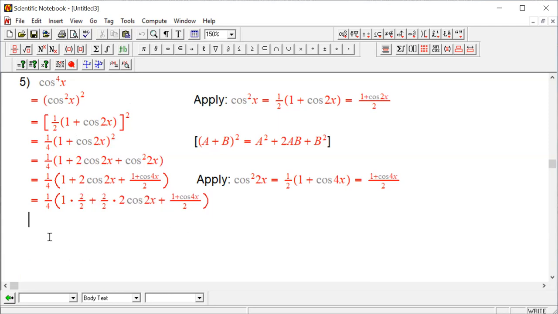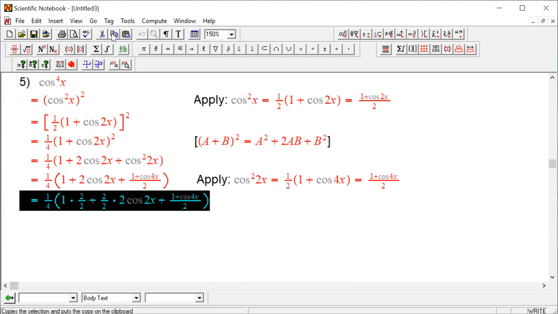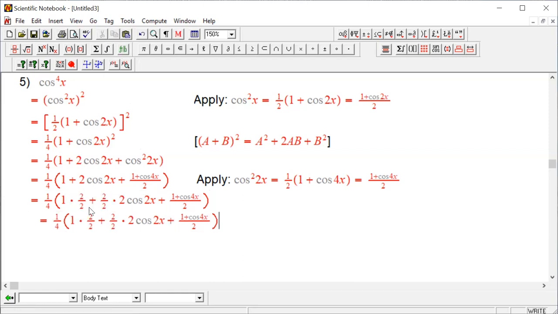At this point, we can factor out the denominator 2, and the outside will be 8. Inside, this becomes 2 and that becomes 4, and this 2 will be gone. So in the end, on this piece, we really just have 1 plus cosine 4x.